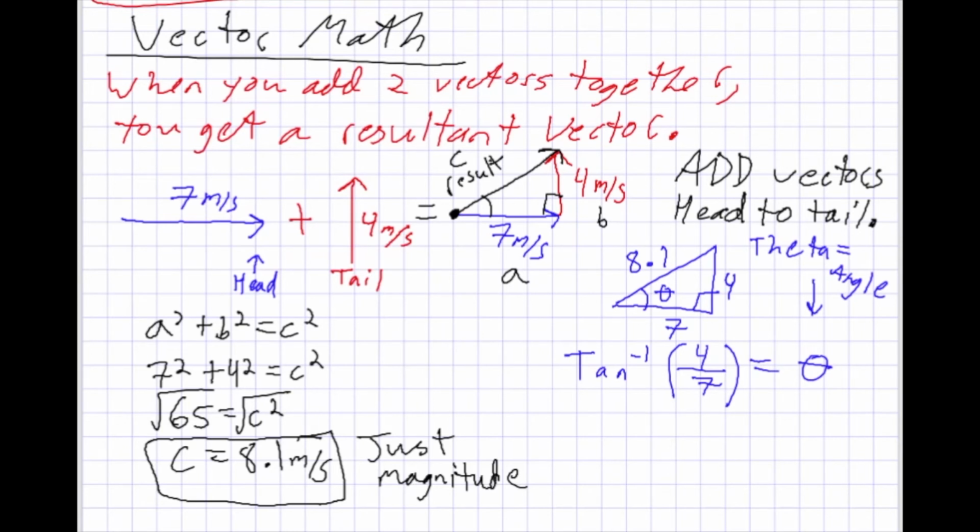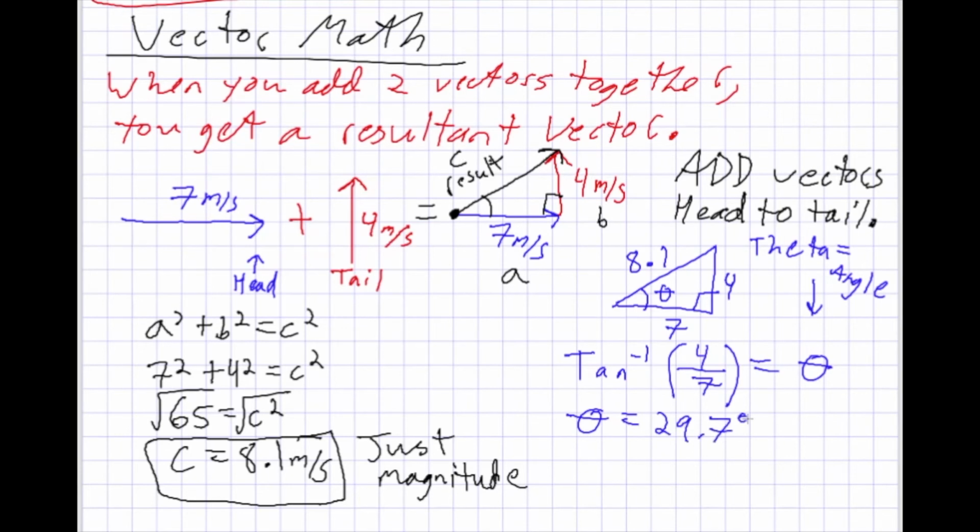So theta equals angle. The most important part here is making sure that our calculator is in the correct mode. So make sure your calculator is in degrees before you do this. I know in your math class, sometimes you guys go to radians, but always check and make sure that you're in degrees for this. So I have inverse tangent of 4 divided by 7. I find out that my angle is 29.7 degrees.